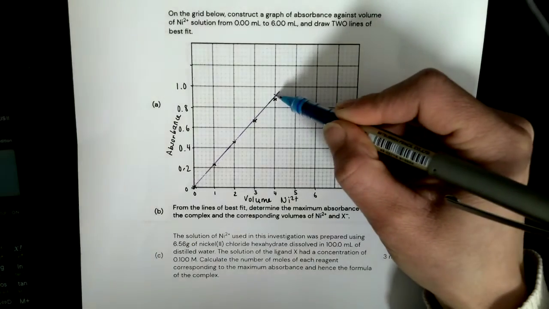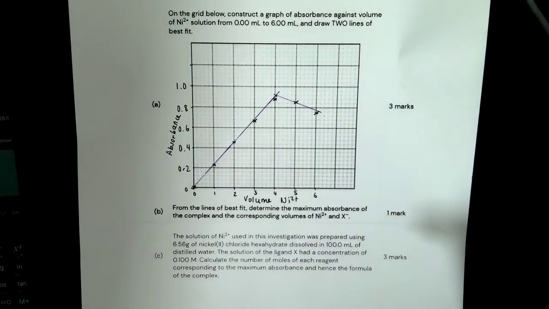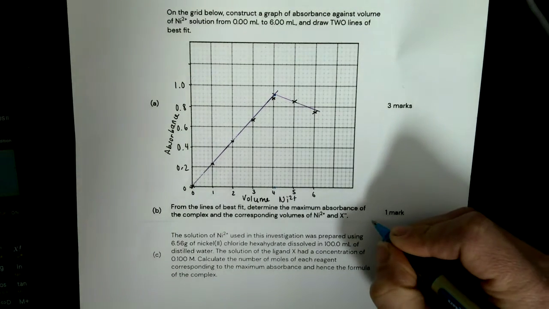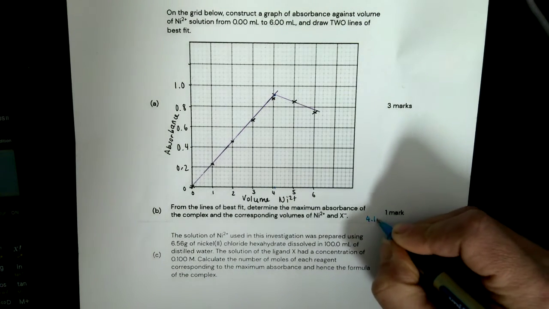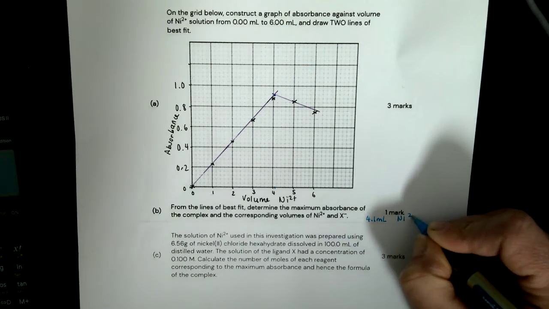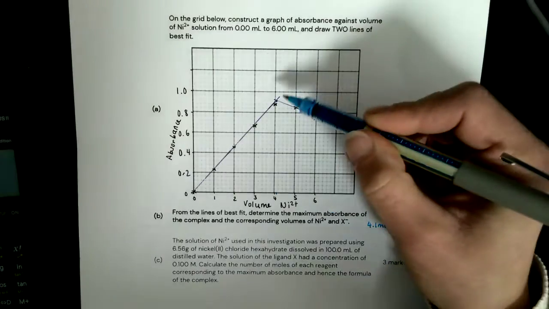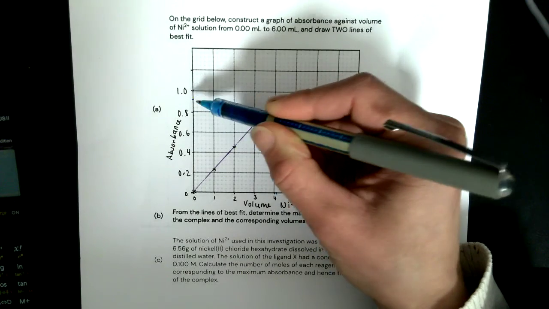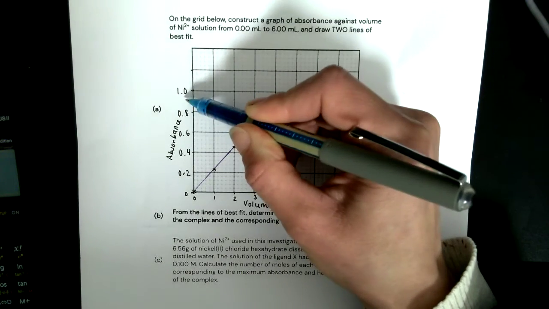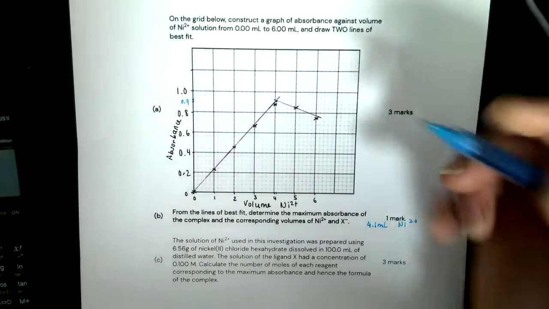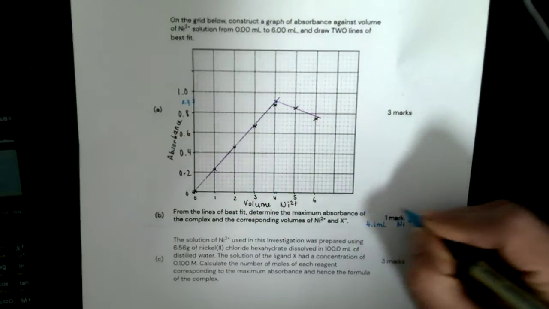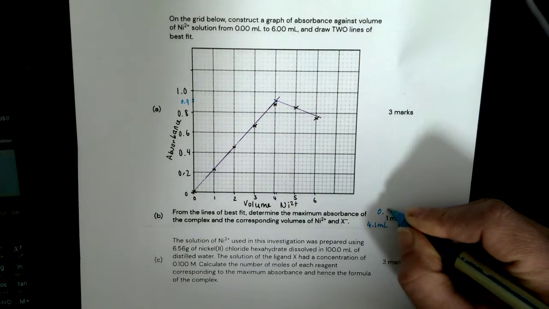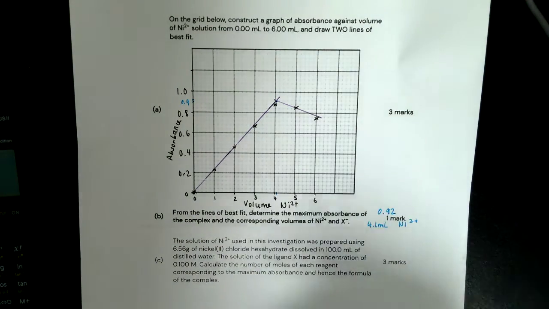If we have a look where it intercepts, that is just after 4. So let's call that 4.1 mLs of nickel 2+. And the maximum absorbance, if I'm just reading straight off the graph, is 0.9 there, so I'm going to call the maximum absorbance 0.92.